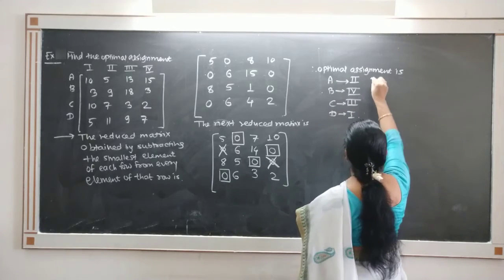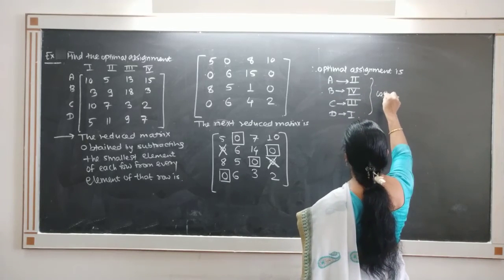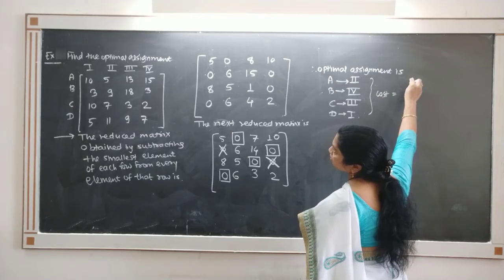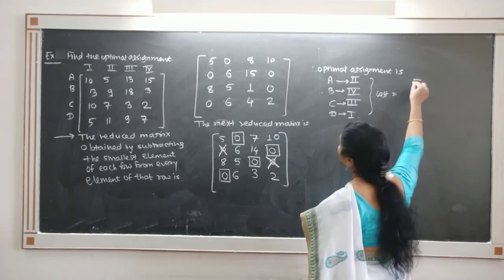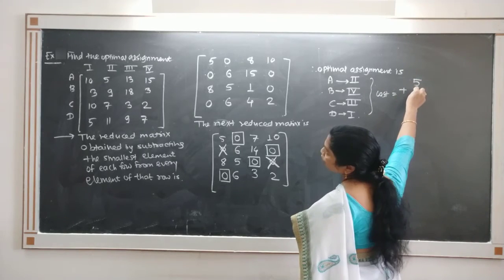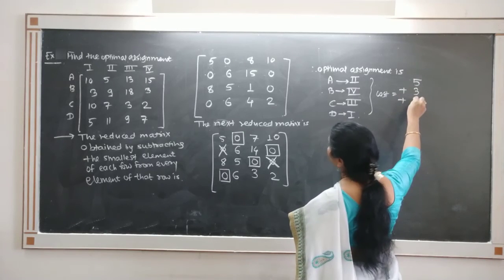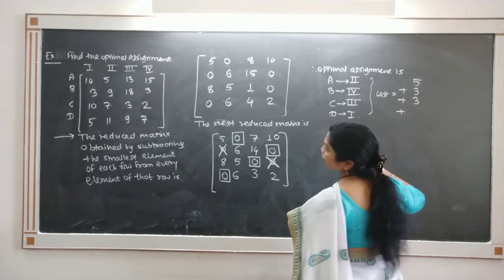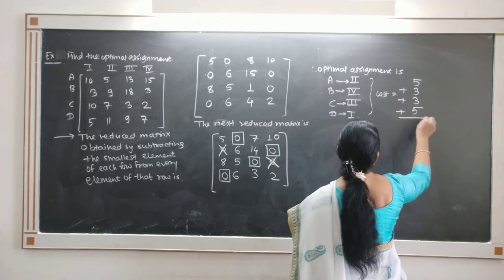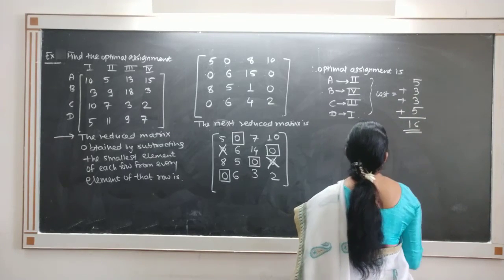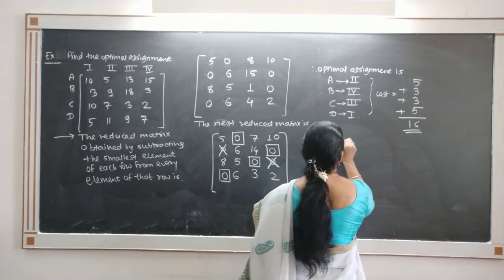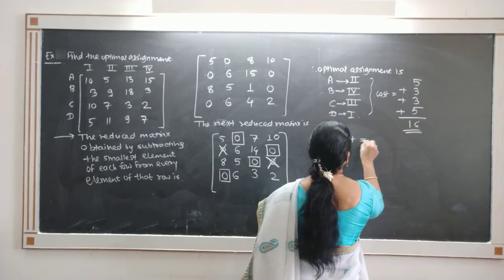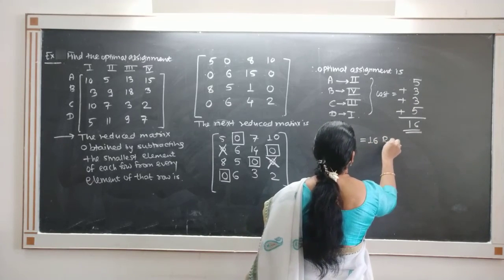And what is the cost? The cost is, for second it is 5, plus for fourth 3, plus for third it is 3, and for first it is 5. So the total cost is 16, and therefore the optimal cost becomes 16 rupees.